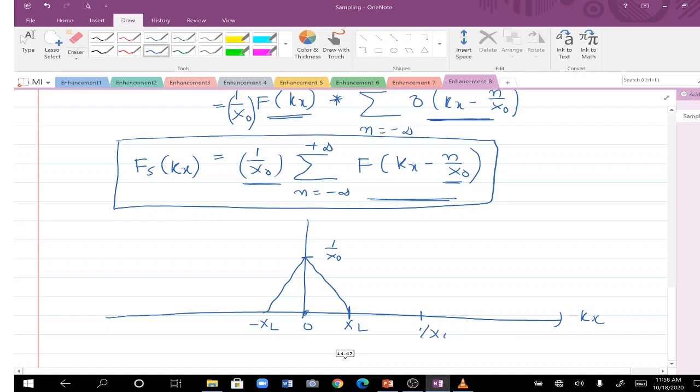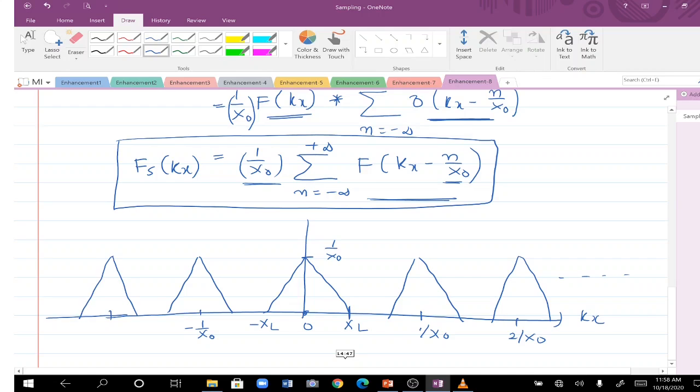So here at 1 by x naught one copy is placed. Similarly at 2 by x naught another copy is placed, and so on and so forth. And in similar lines on the negative axis as well, where this is, let's say, minus 1 by x naught, minus 2 by x naught, and so on. And this is your fs of kx, correct?